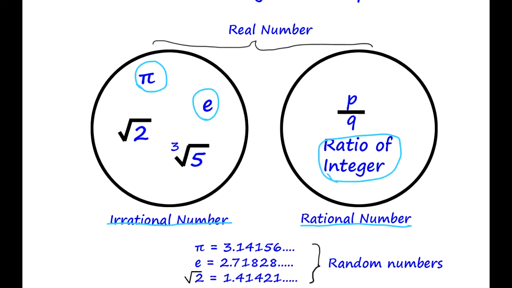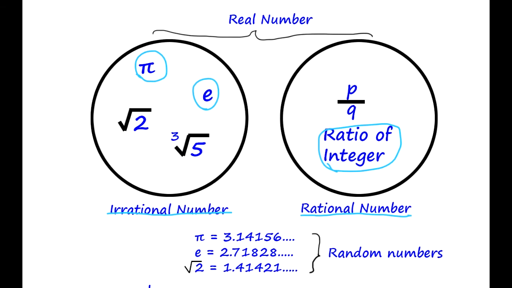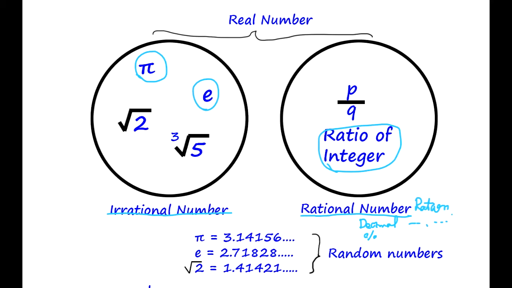So what is the difference between irrational and rational? A rational number has different formats, like a decimal number, something dot something, a percentage, or a ratio. A number that cannot be expressed by those formats of rational numbers is called an irrational number.